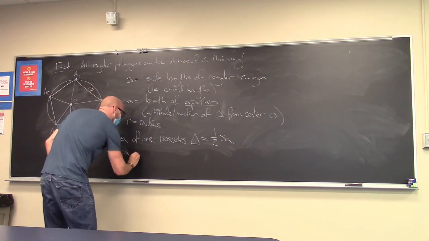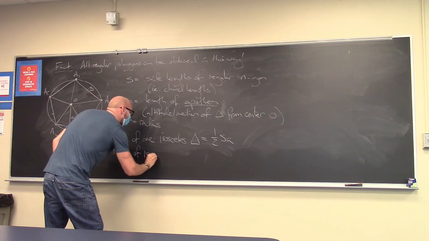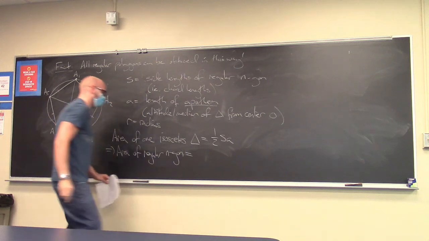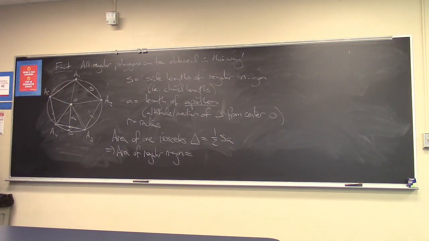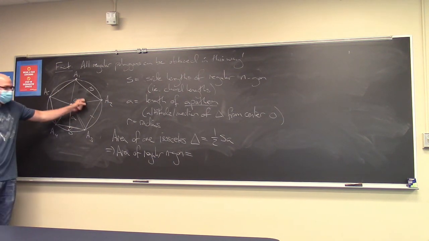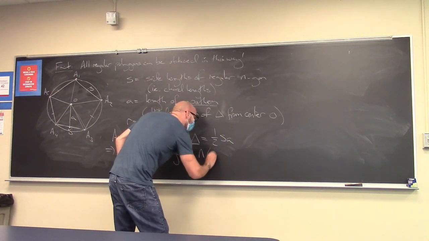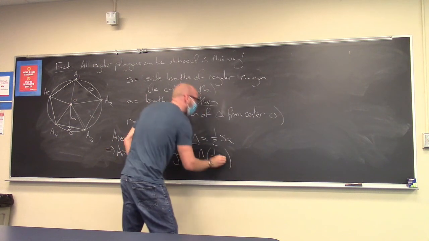So the area of the regular n-gon is what? How many of these triangles do we have? N of them. So it's just n times 1/2 SA.